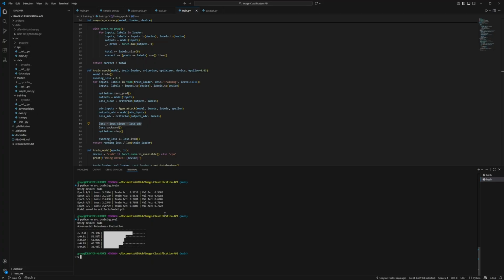Our robustness in the model slowly gets worse as an attack gets stronger. As we hinted at before, our epsilon value of 0 is no attack taking place. We can see that the model is pretty strong. It does fairly well at recognizing images.